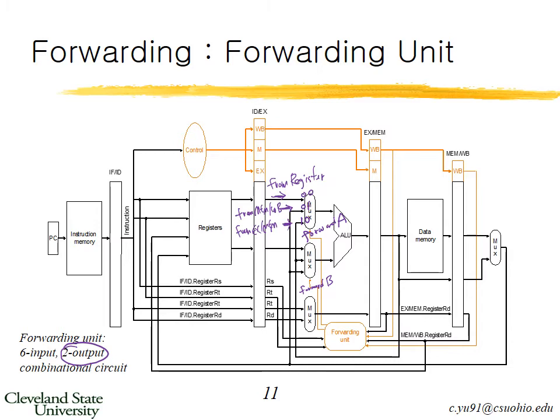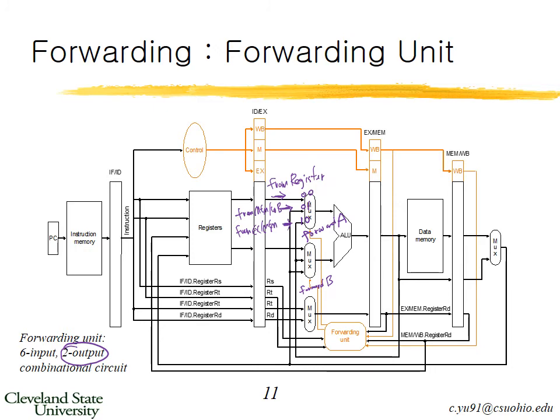That particular multiplexer control signal is called forward A. Likewise for ALU source number 2, we need an additional multiplexer and the corresponding control signal called forward B. At the bottom in the execution stage, there's a small red colored circle. That's the forwarding unit.